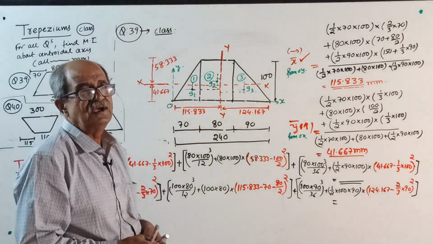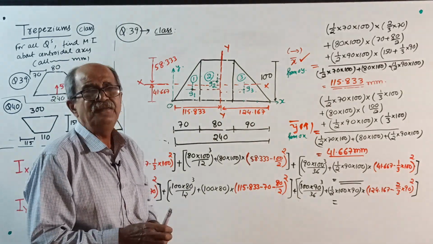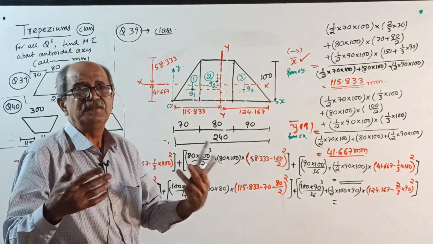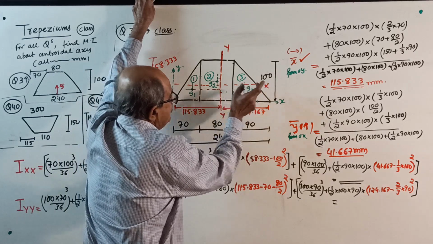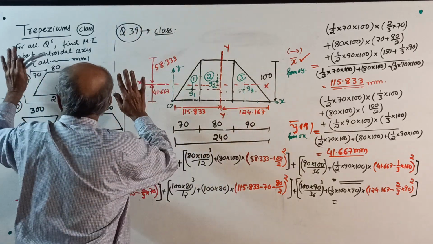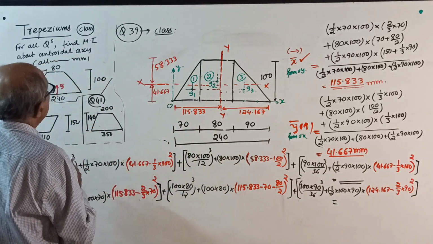If somebody will ask, sir, why 2/3 of 90, means nothing. Please leave the class and study some other subject. If someone will ask 1/3, 2/3, doubts are there. So this question is over. Calculate the answer. Question 39 over.